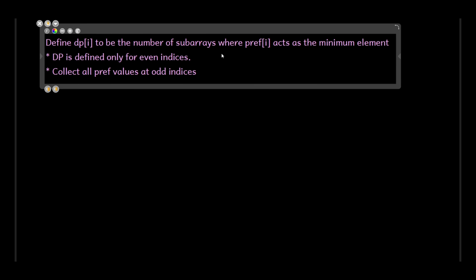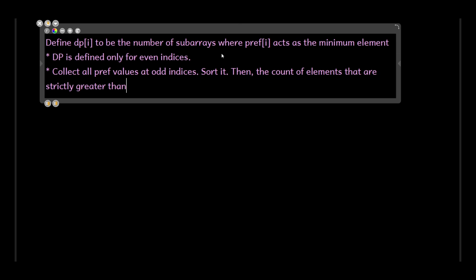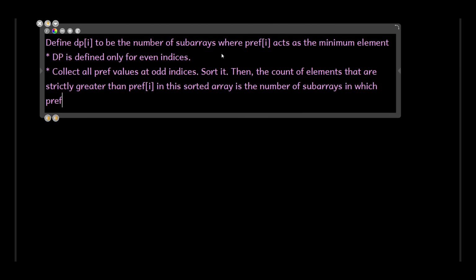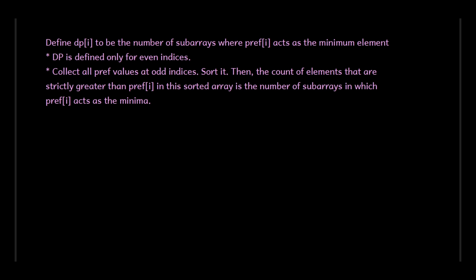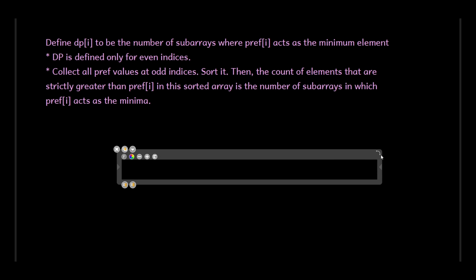So you collect all the prefix values at odd indices, sort them, then the count of elements strictly greater than prefix of I in this sorted array is the number of subarrays in which prefix of I acts as the minima, and your final answer would simply be the summation of DP of I for all the even indices.